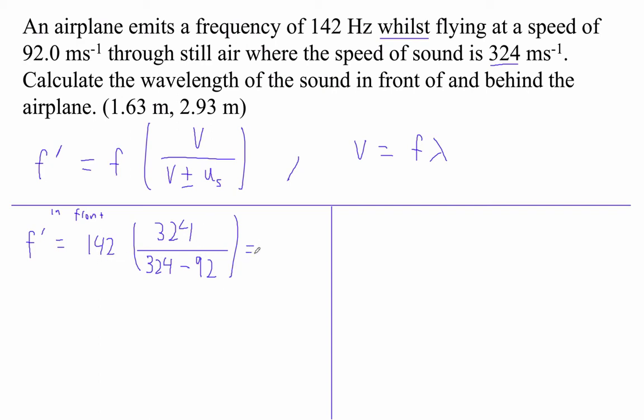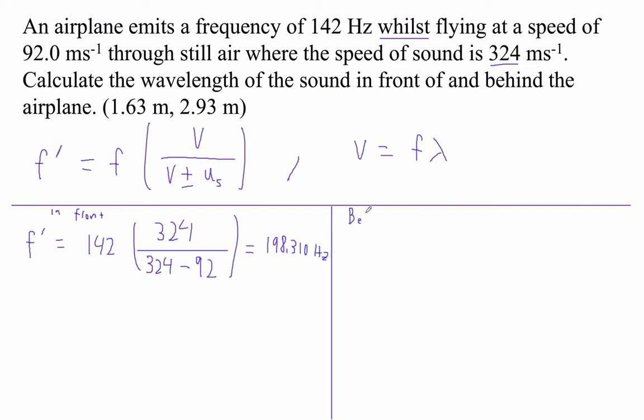So our frequency in front of the plane is 142 times 324 divided by (324 minus 92). And sure enough, I get 198.310. That's in front of the plane.